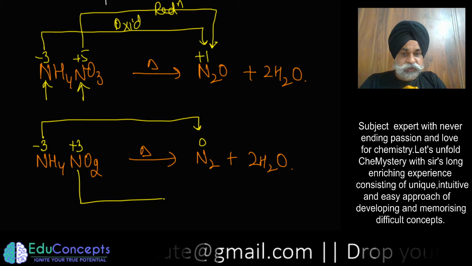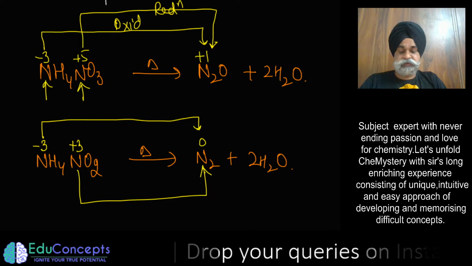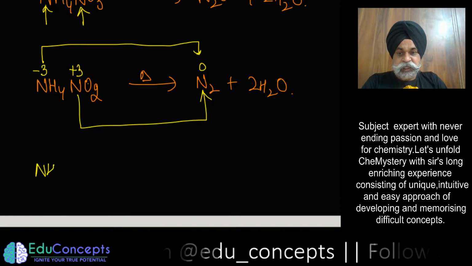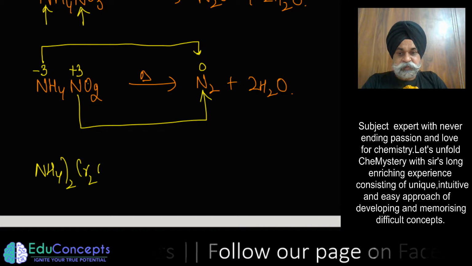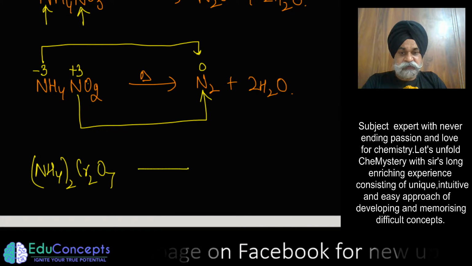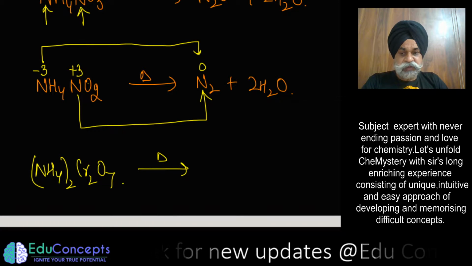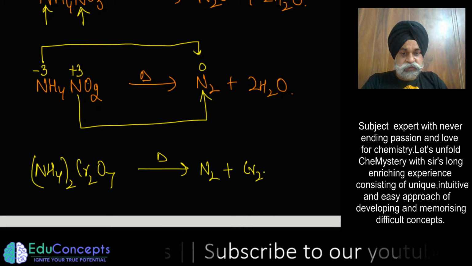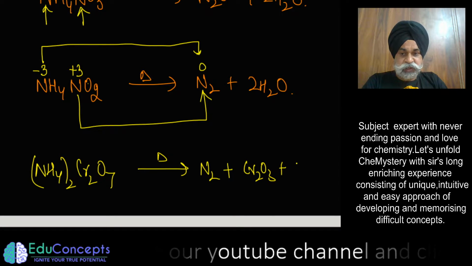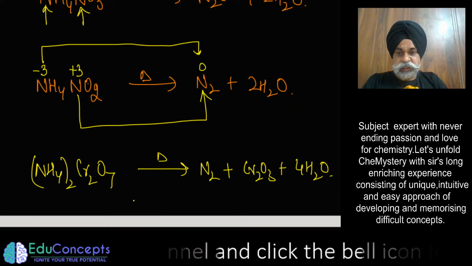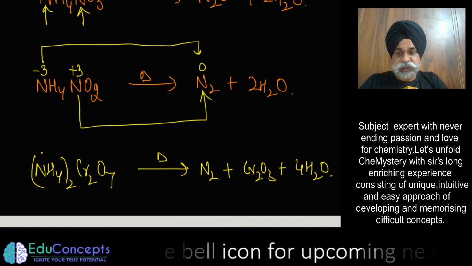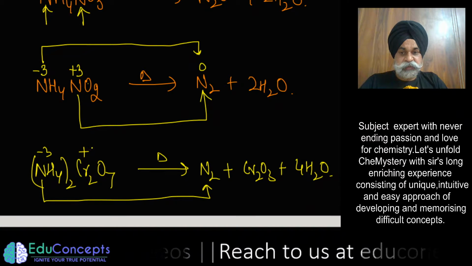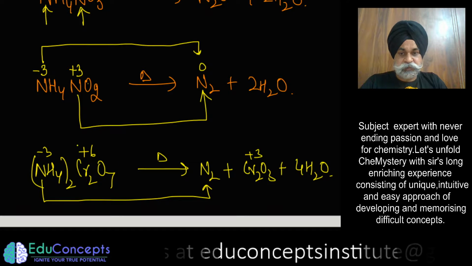For these two reactions, you may also refer to video number 3 where we have discussed this particular case, if you could recall, that of ammonium dichromate. Ammonium dichromate, if heated, is going to give you nitrogen along with Cr2O3 along with 4 waters. I think the reaction is perfectly balanced. Here it is going from -3 to 0 and +6 to +3.